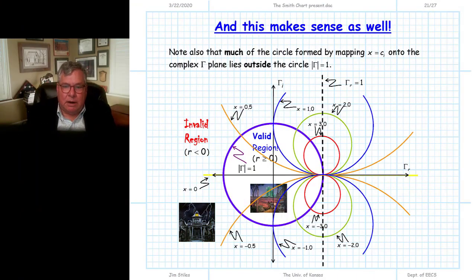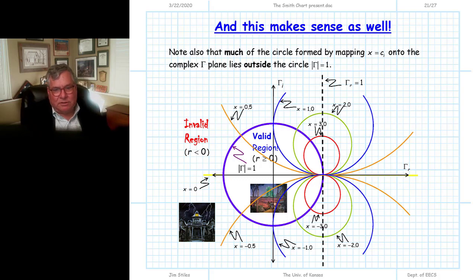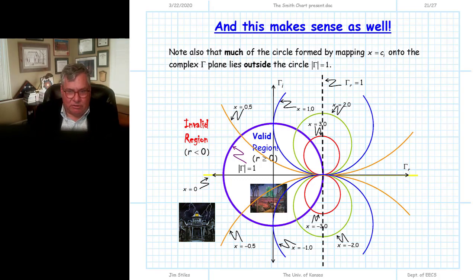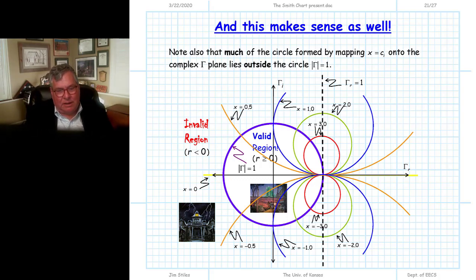All right, so let's go back to the first plot we had, where we show all the circles, both for CR positive and negative, and CR equal to 0, X equal to 0, for example. And again, one of the important things to understand is that these contours, each one of them, reside partially in the valid region and perhaps mostly in the invalid region.